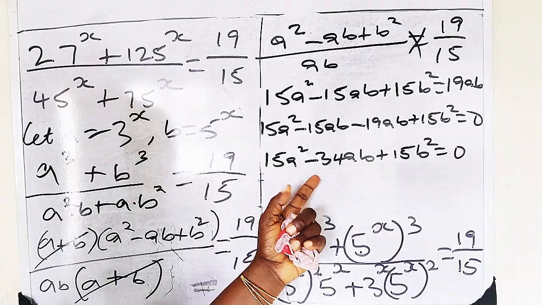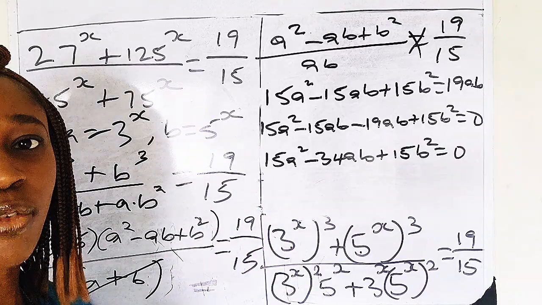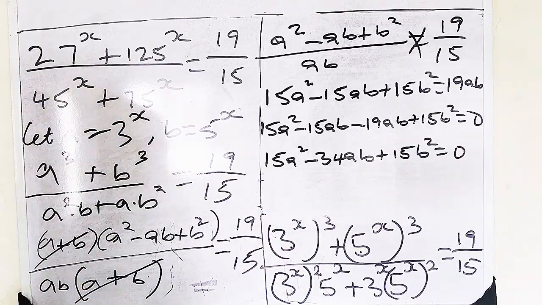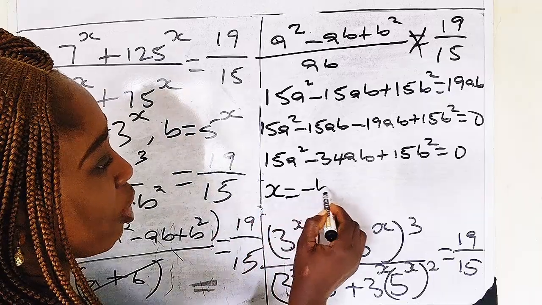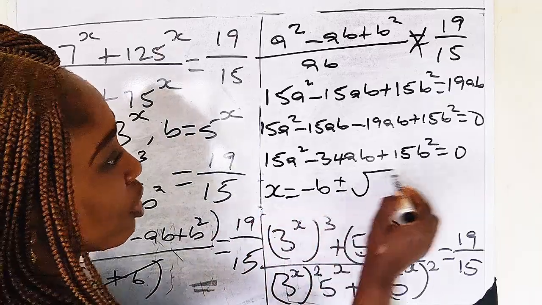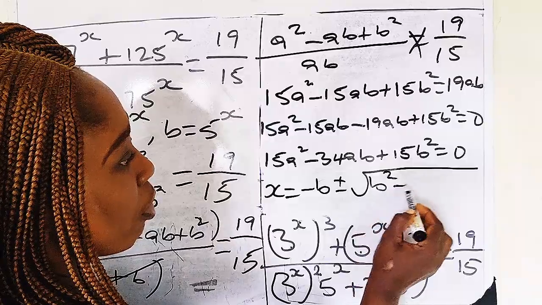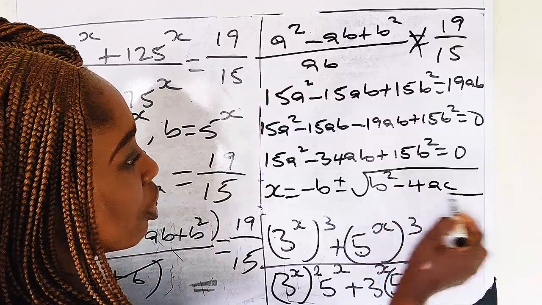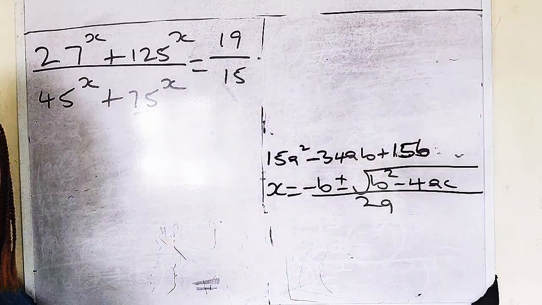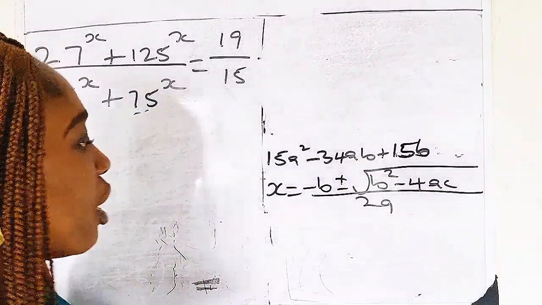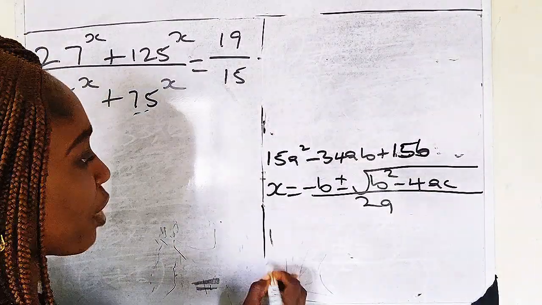This has formed a quadratic equation that we can solve using the quadratic formula. The quadratic formula says that your x is equal to minus b plus or minus the square root of b squared minus 4ac over 2a. Alright, so using this formula, we need to bring out our parameters.